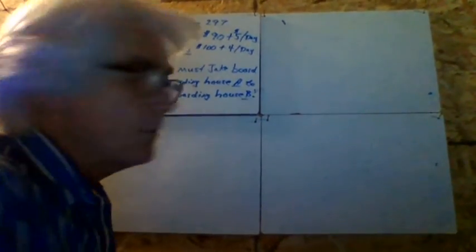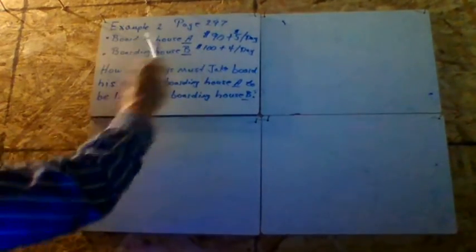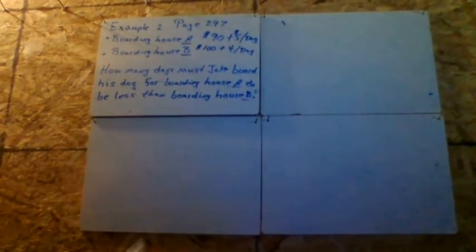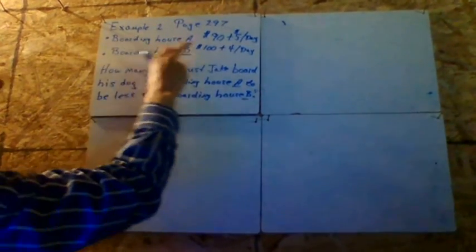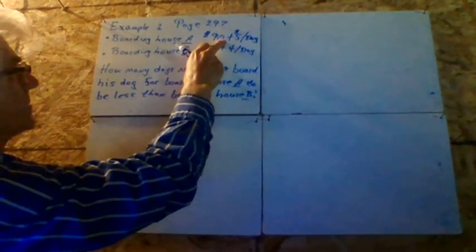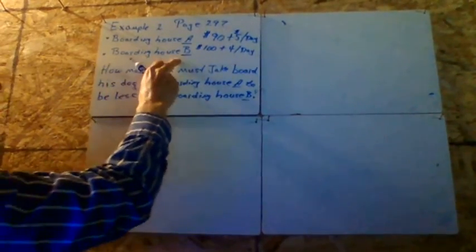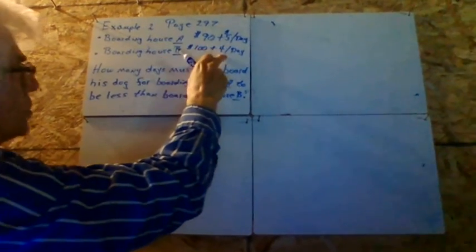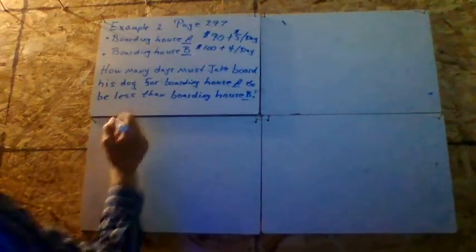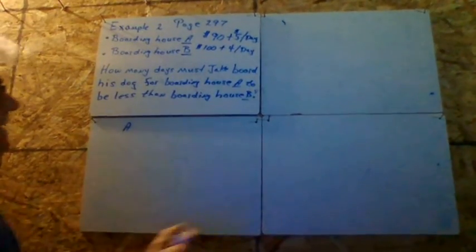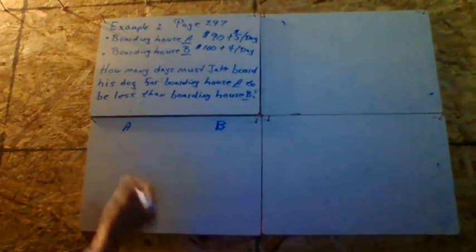So, how I would start with that, here I am, example 2, page 297, and I took this information out of that. So I have boarding house A, $90 plus $5 per day. Boarding house B, $100 plus $4 per day. So I'm going to put that information down first. So here's boarding house A, boarding house B. So what do I have here?